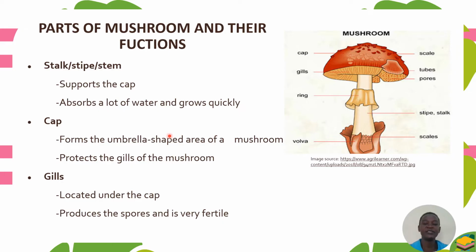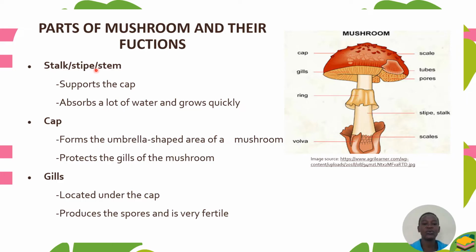Each and every part of the fruit, or of the sporophyte, has its own function. So let us go through each and every part of the mushroom and what its function is.